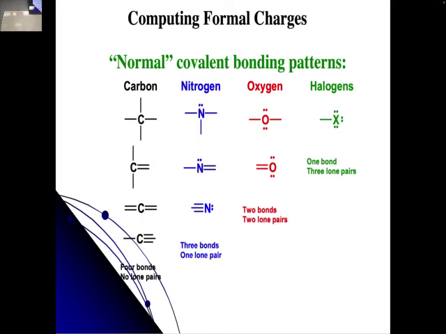Nitrogen can form 3 bonds and have a lone pair. It can form a double bond, a single bond, and still have a lone pair, or it can form a triple bond and have a lone pair. Oxygen can either form 2 single bonds, or it can form a double bond.